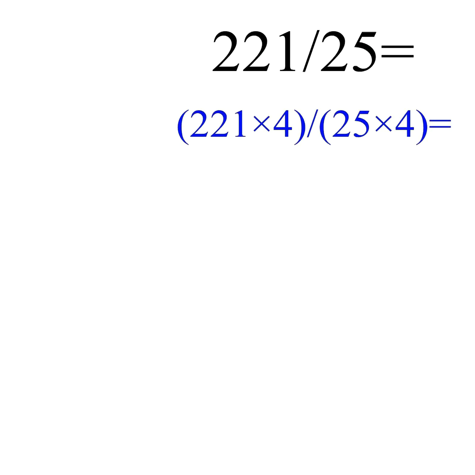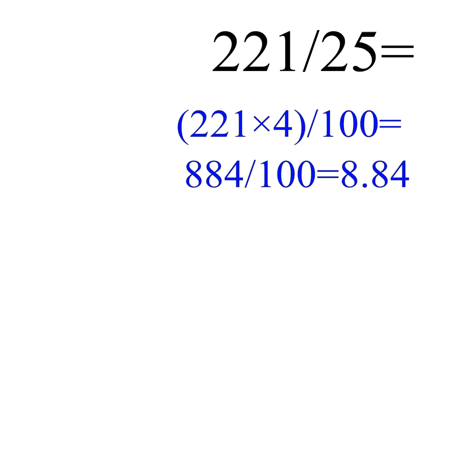And we just turned division by 25 into division by 100, which is way easier, and all we need to do is multiply the numerator by 4, and that would be 884. And to divide it by 100, we just put the decimal point before the second digit.